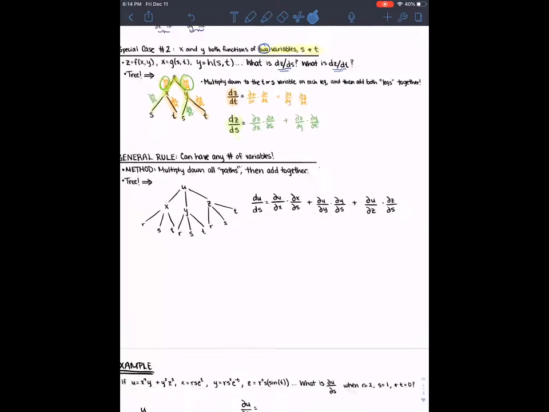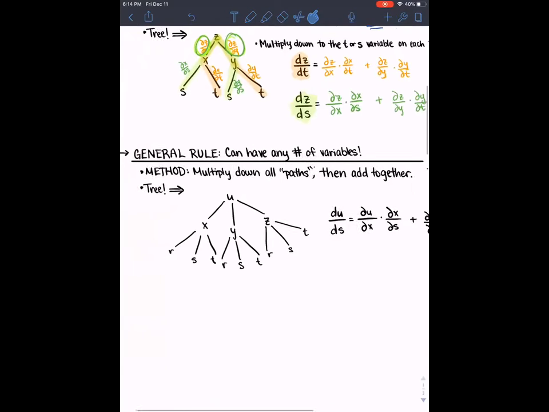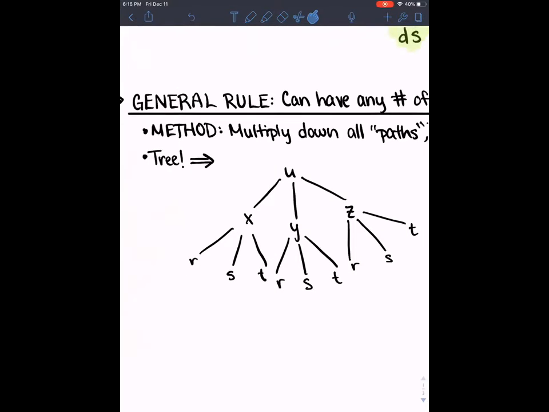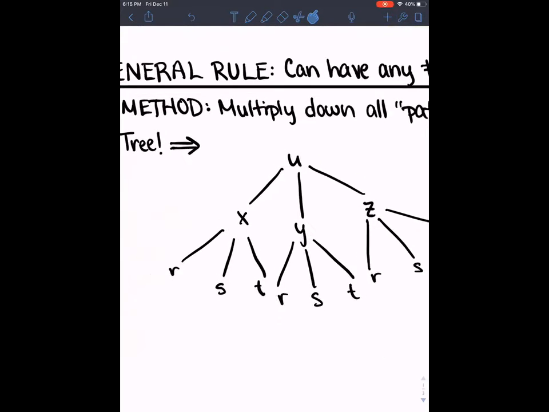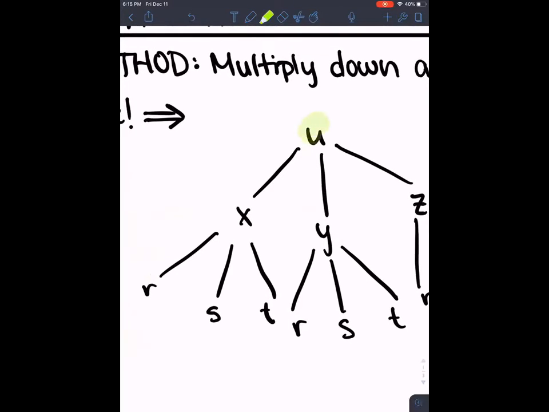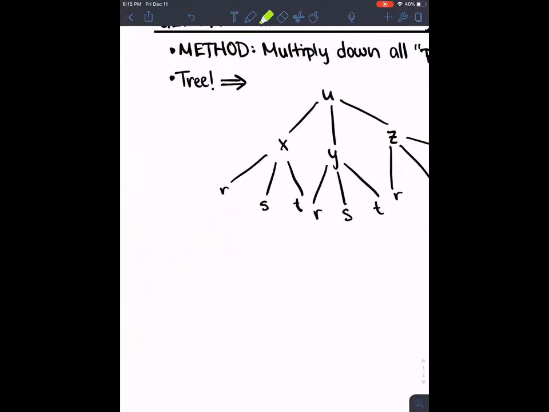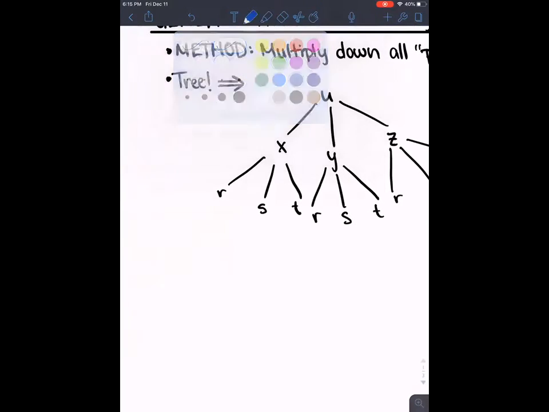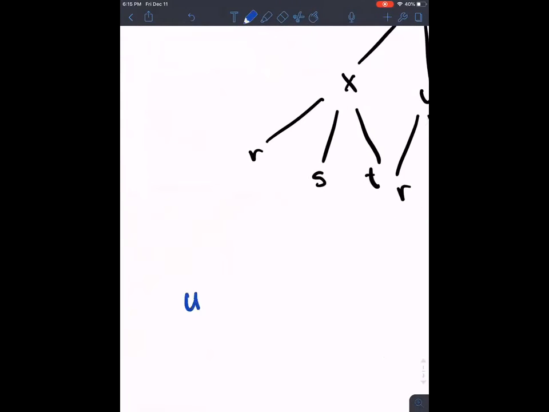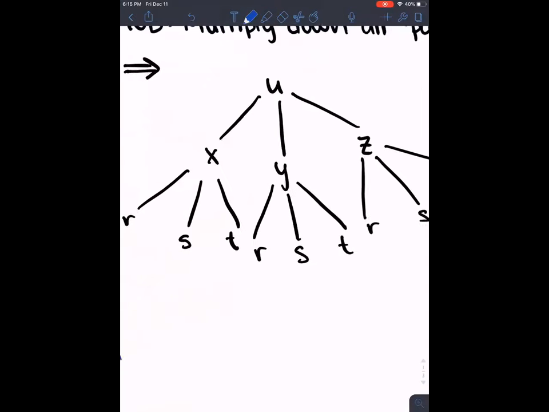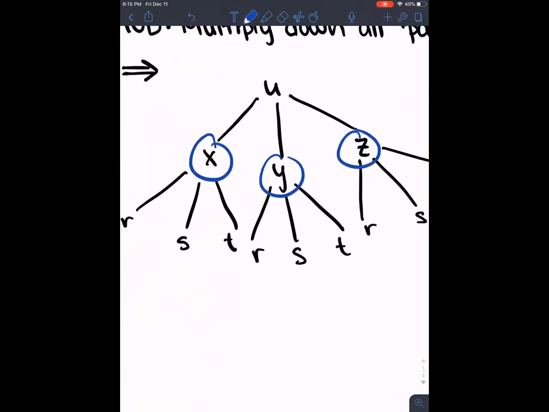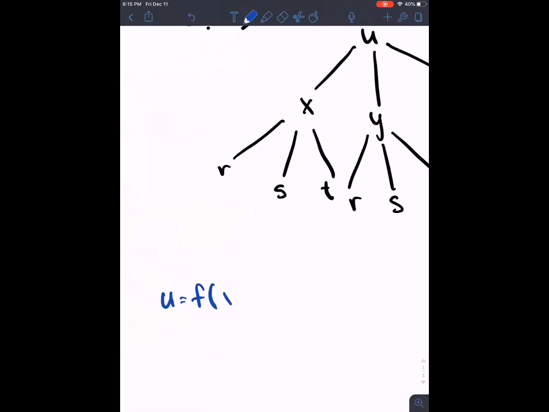So in order to visualize this a little bit, I've put together a tree already, and we can maybe reverse engineer this and find what the functions are. We've got the very top function u. So directly we can see that u is a function of three variables, x, y, and z.